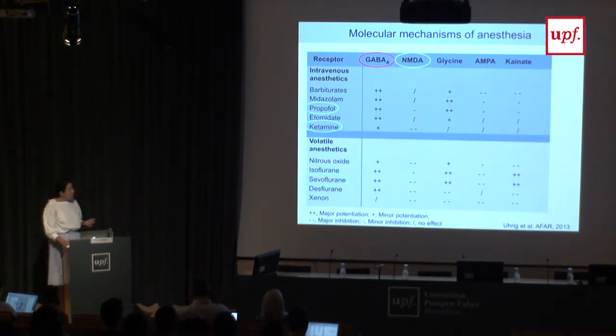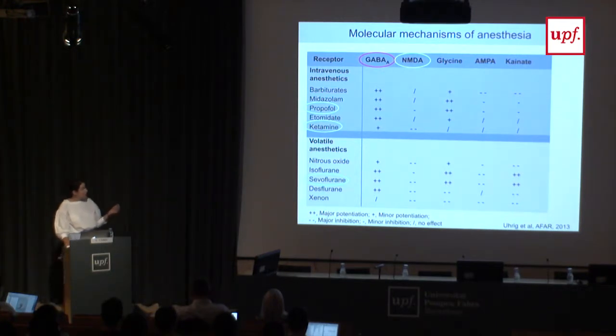When we present the anesthetic agents, you have different anesthetic agents. You can use intravenous anesthetic agents, mainly like propofol or ketamine. It's the two molecules I will talk about later in my talk. And also you have volatile anesthetic agents, like, for example, sevoflurane.